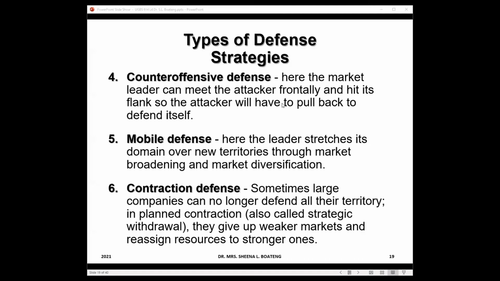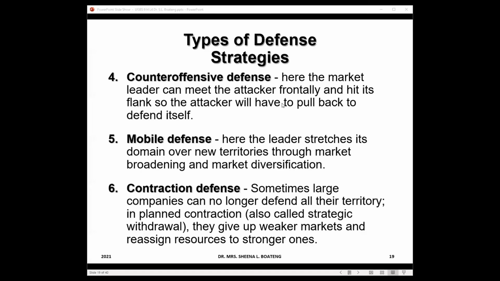Another example is Pringles. Pringles was previously owned by Procter & Gamble, right? The consumer goods company we just talked about. But they realized that to be able to focus on better markets, it was better to sell it off. So they sold Pringles to Kellogg's, the famous Kellogg's that manufactures all those breakfast cereals that we are very conversant with.